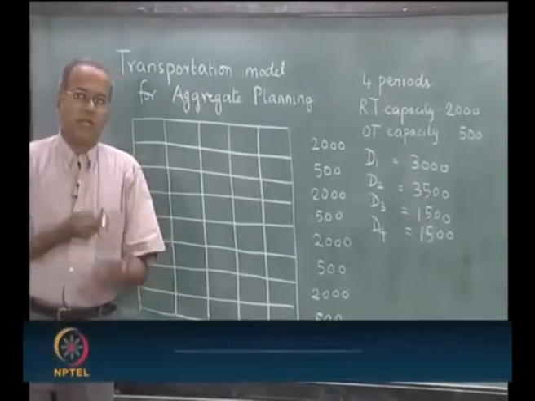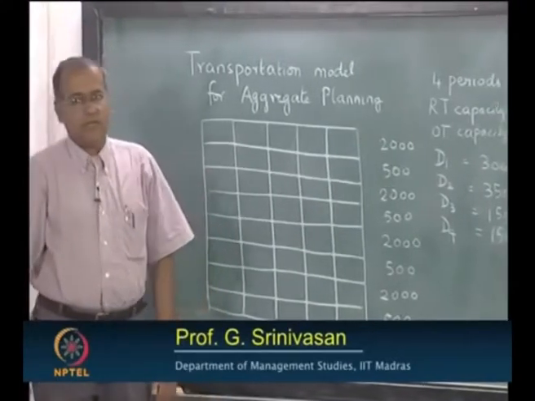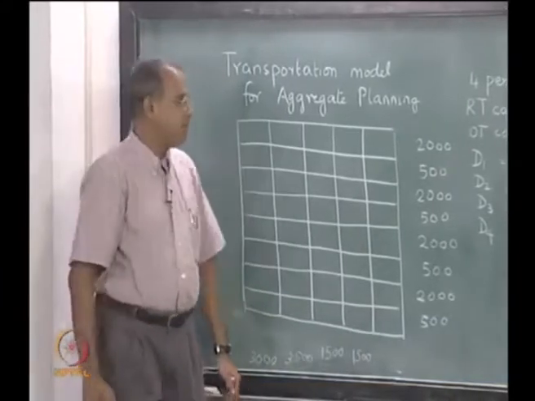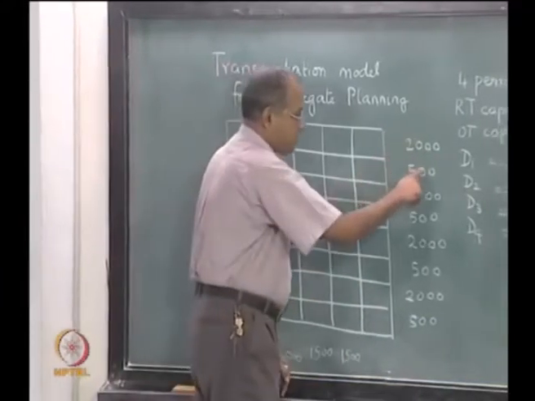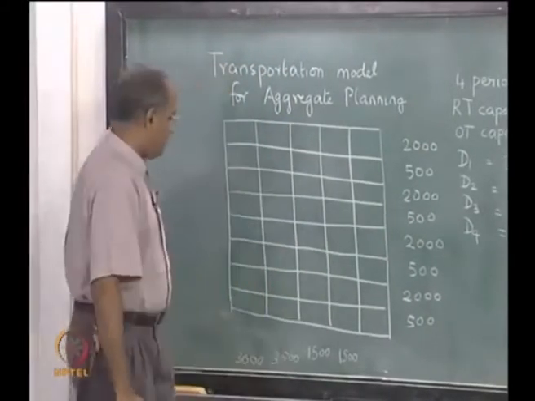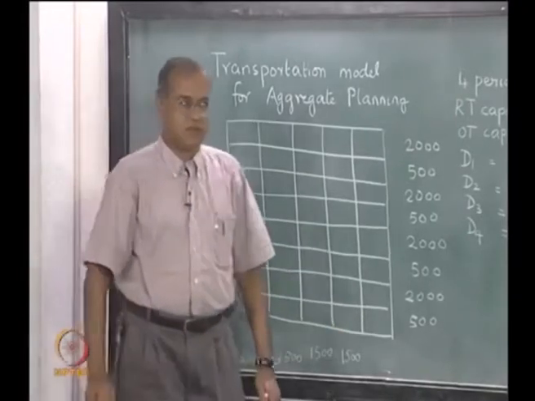We all know that we always solve balanced transportation problems. Therefore we have to find out the total supply and the total demand. Total supply is 2500 into 4, which is 10,000. Total demand is 6500 plus 3000, which is 9500.